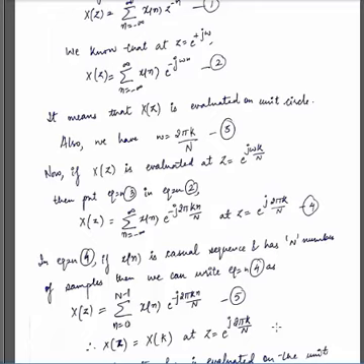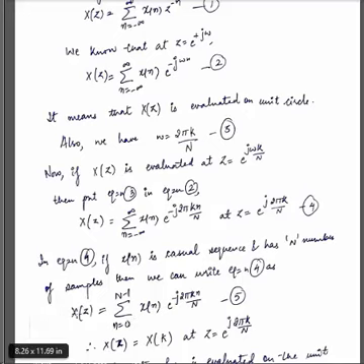Now before comparing, check this equation. What is this? This is the formula of x of k, summation n tends to 0 to n minus 1 x of n e raised to power minus j 2 pi k n over n, that is x of k.